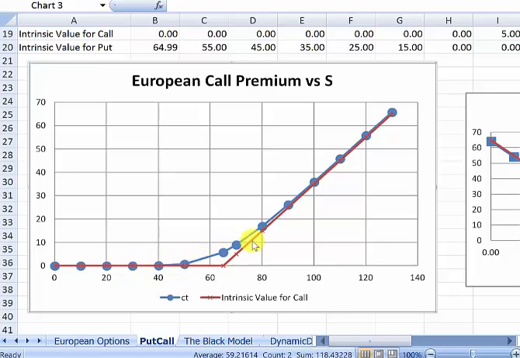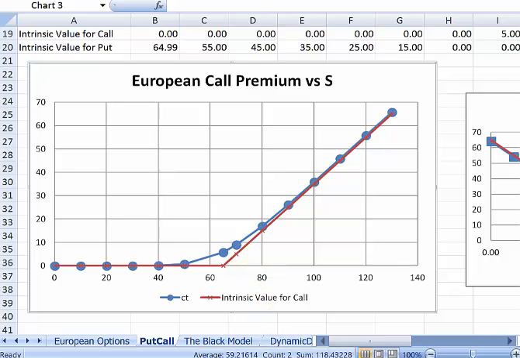It has this convexity in the underlying price. So when I have a tangent on this premium line, right, this curve, that's my delta, right?